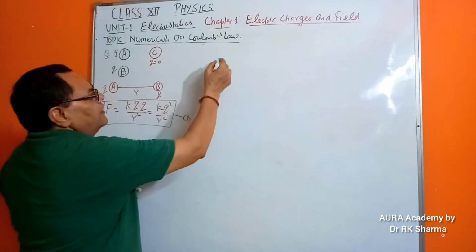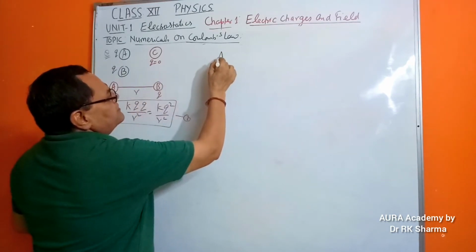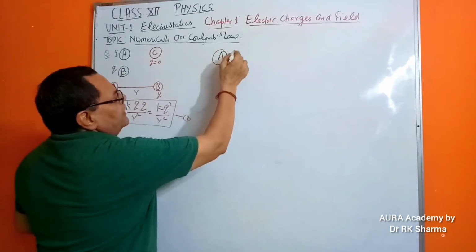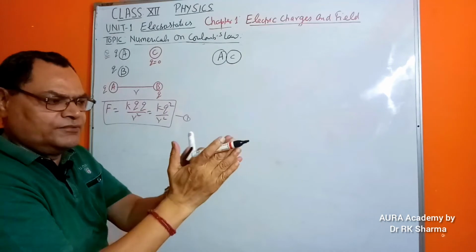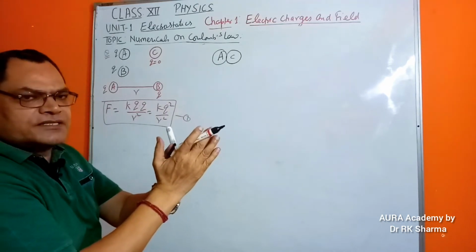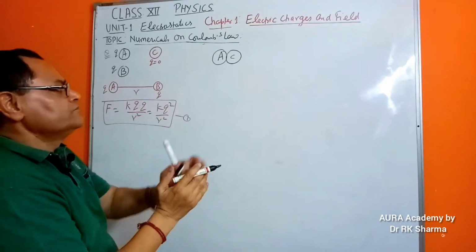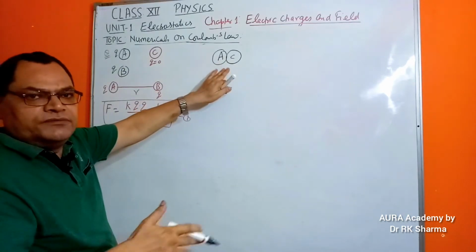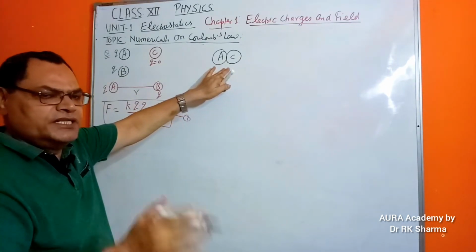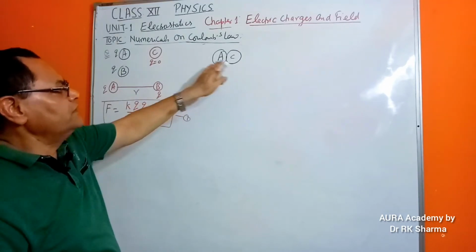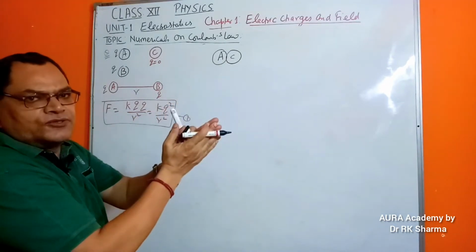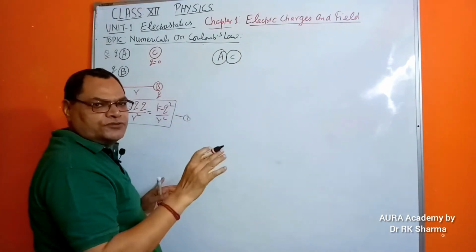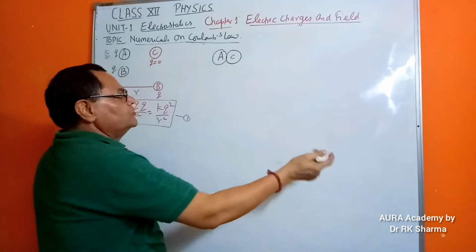You will see, when A is here, having charge Q, when C is brought in contact, please remember, whenever two metallic bodies or objects are brought in contact, then the charge on both will be the average of the two. Very important. Whenever two charged bodies, or one charged and another uncharged body, are brought in contact, the new charge on both will be the average of the two.